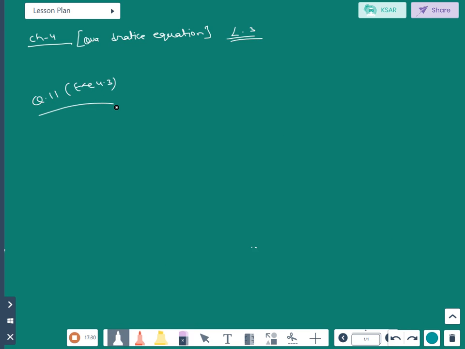The sum of the areas of two squares is 468, A1 plus A2 is equal to 468, and the difference of their perimeters, P1 minus P2, is equal to 24. Find the sides of the two squares.